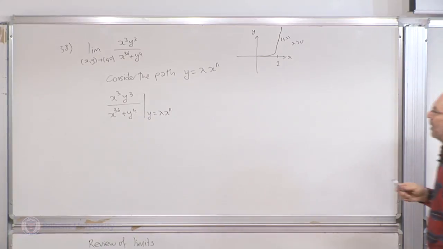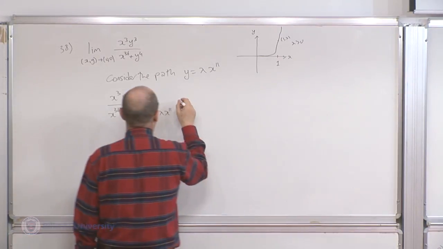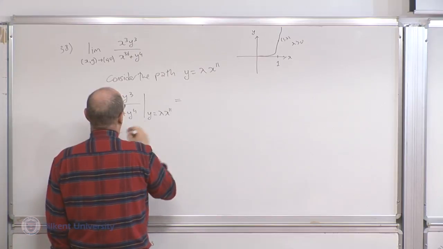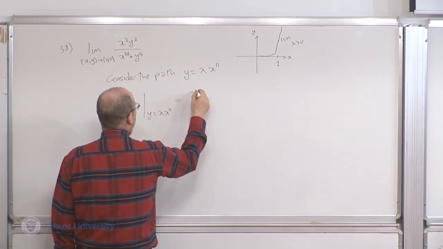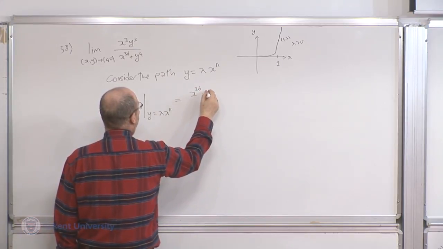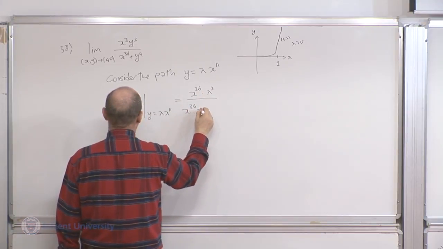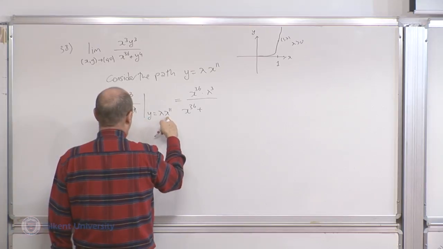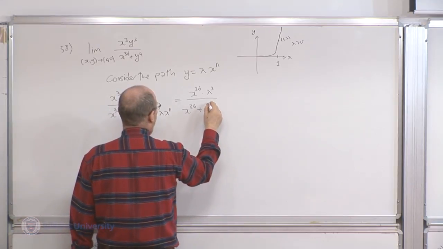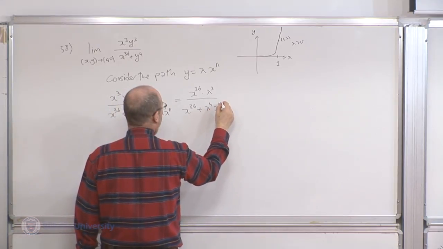Let's see, when we put this in here, we have x to the 36 in the numerator, and I have lambda cubed. Here I have x to the 36 plus lambda to the 4 x to the 44.